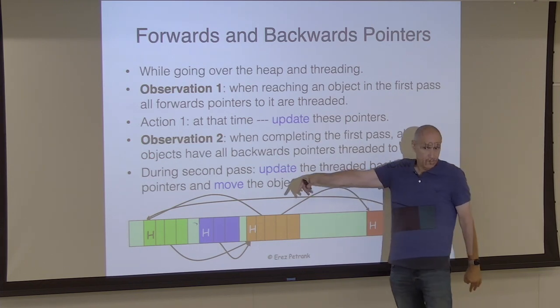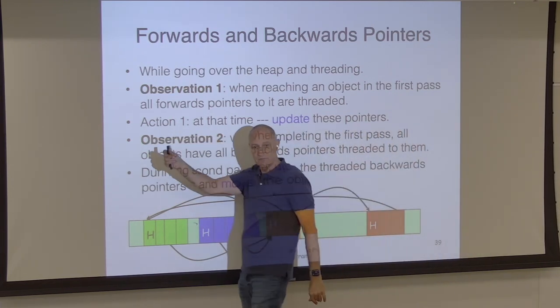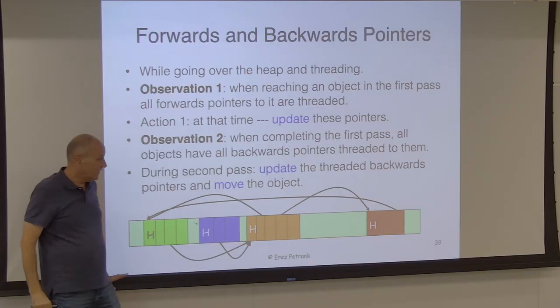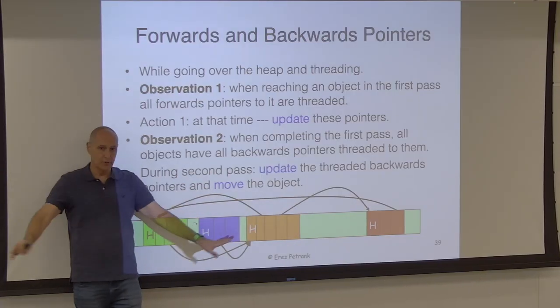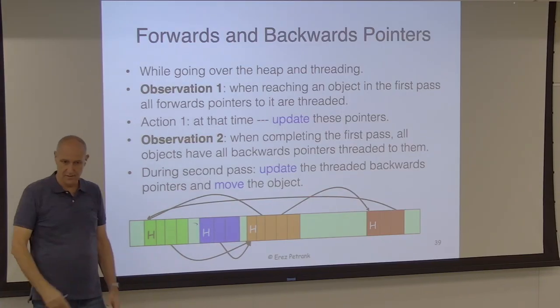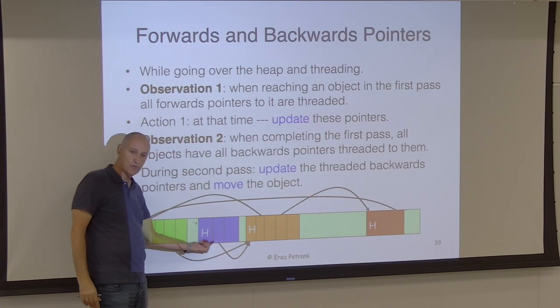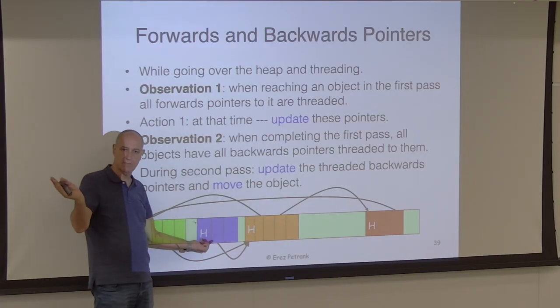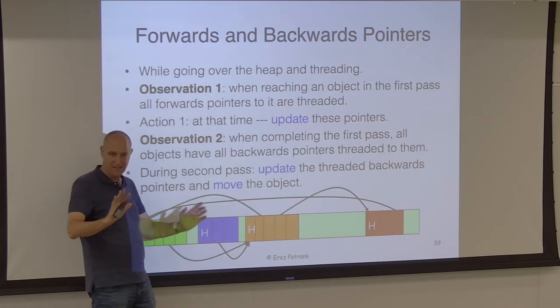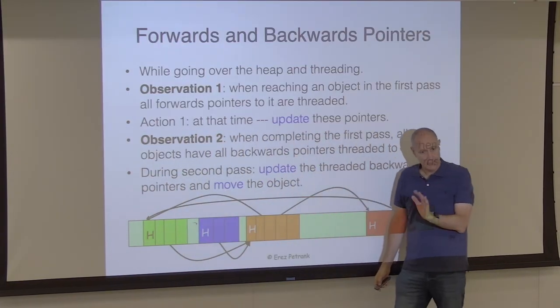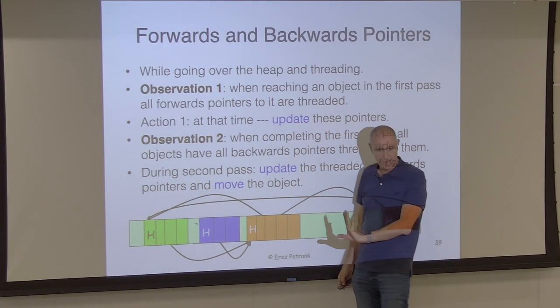Each of them points to maybe different objects, but for each of them, I thread it to the object it points to. When I'm done with all the heap, all the pointers and all the objects are threaded. Like this blue thing has all the pointers that point to it threaded to it. If it helps, then excellent. Okay, for you it's okay. But if it didn't help, then we'll see an example later.